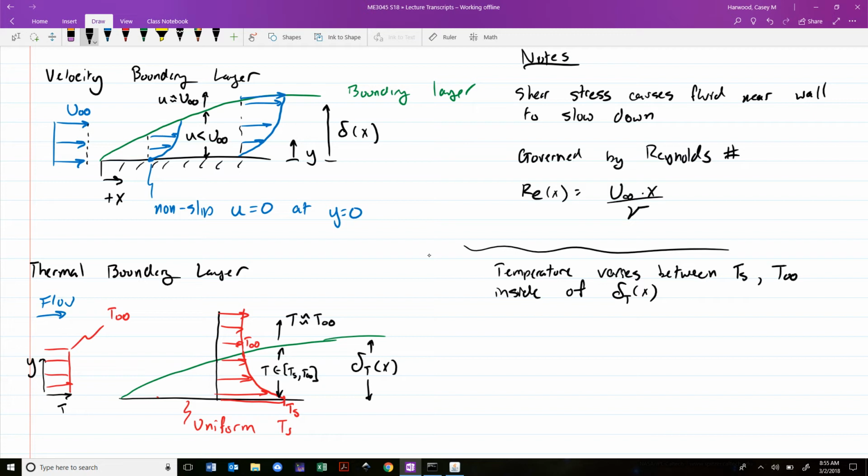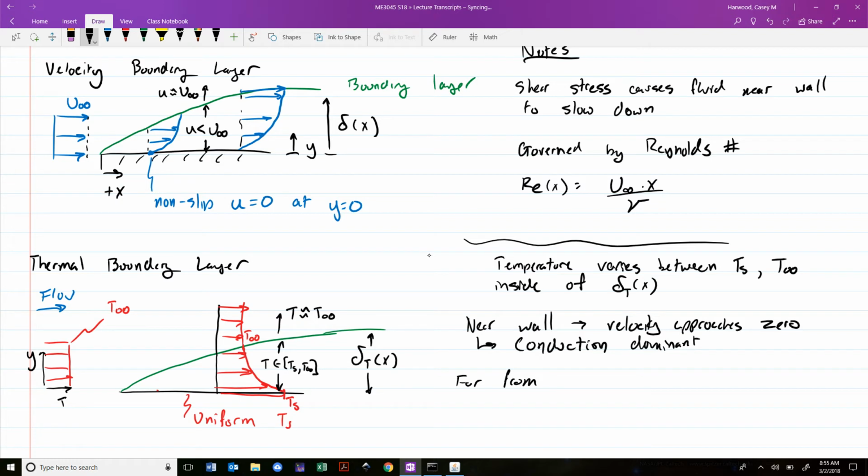So near the wall, the velocity approaches 0. Conduction is dominant.